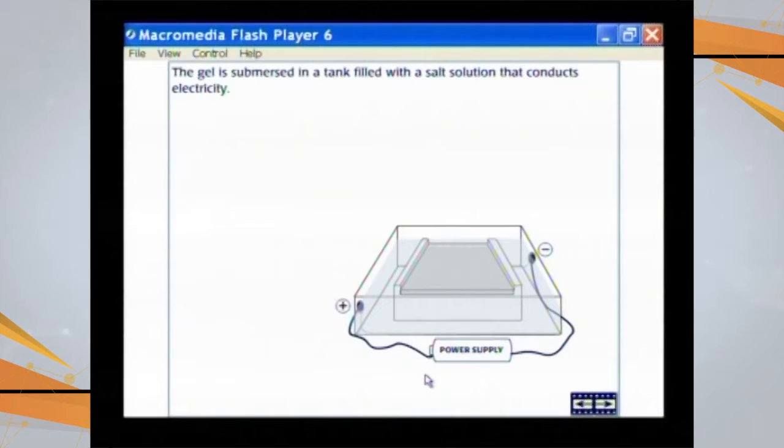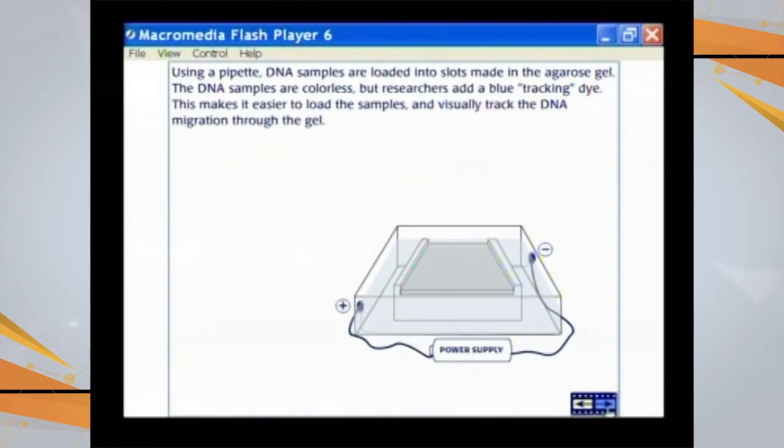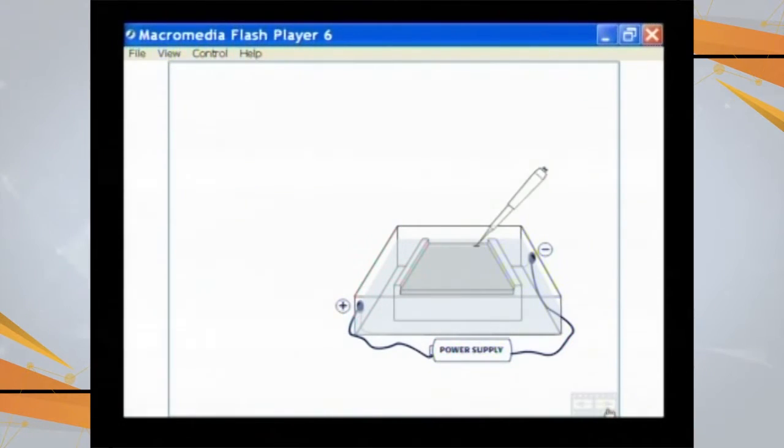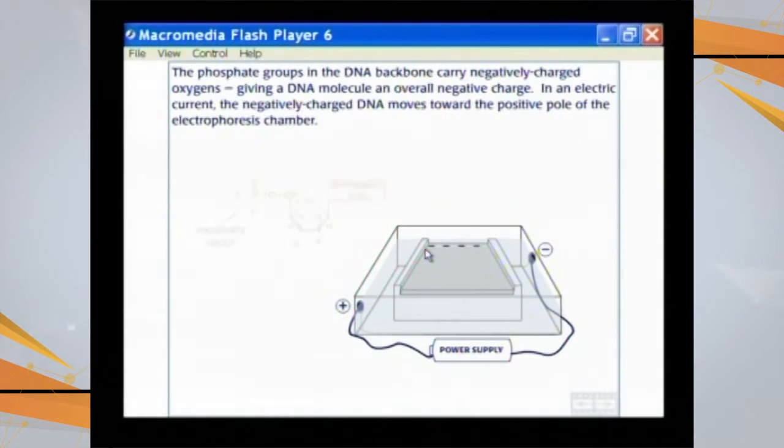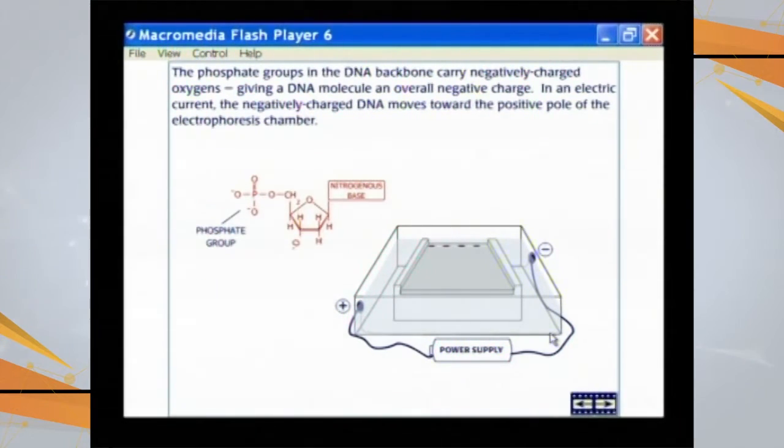This agarose gel is placed in a container, and we are going to supply the power. There are two terminals, negative and positive, and we are going to place the DNA on one side. All of you know that DNA has phosphate groups, and this phosphate group has a negative charge. So DNA fragments are going to move from the negative terminal towards the positive terminal.